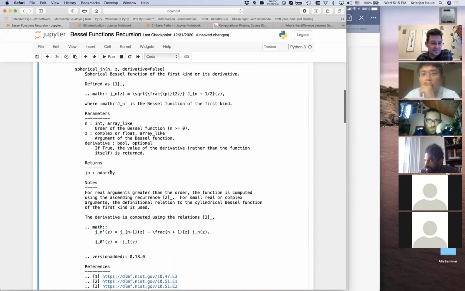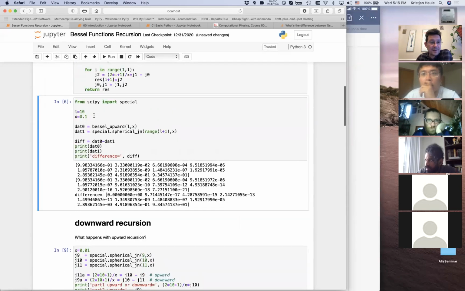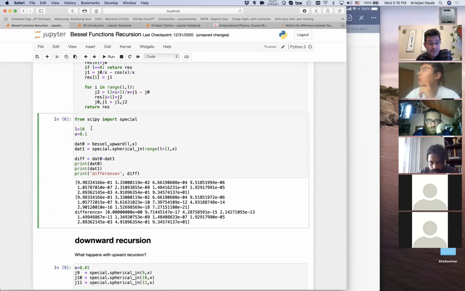Okay, so let me cut this out. Okay, so I'm importing this special Bessel function, and I'm going to calculate this Bessel function for all these values of L from 0 to L at a particular x.